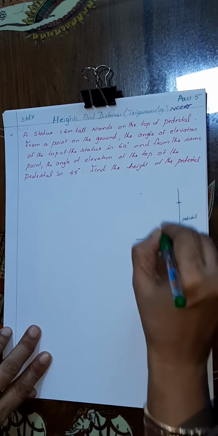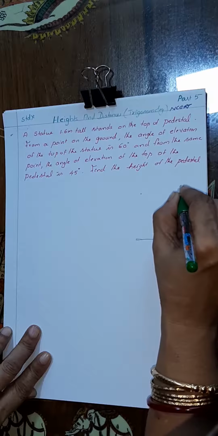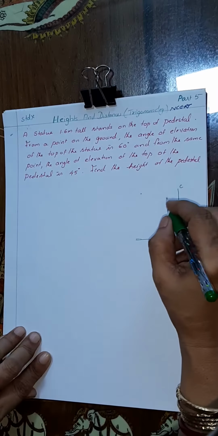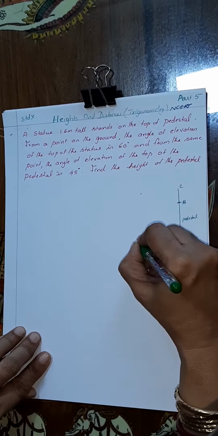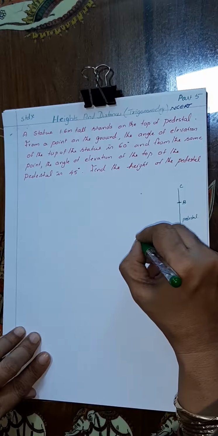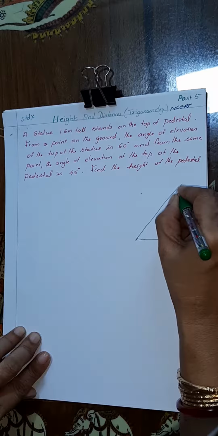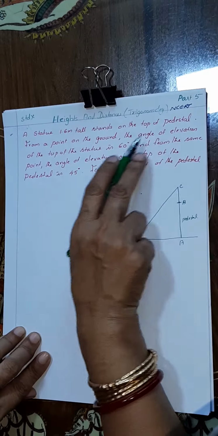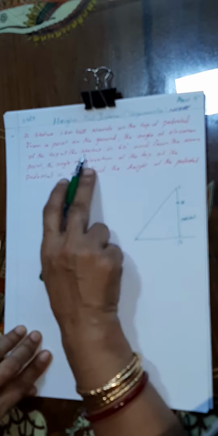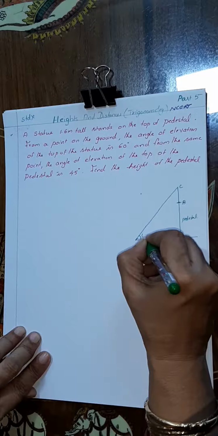So A, B and C, and this from here to the top of the statue. So the angle of elevation of the top of the statue is 60 degrees.